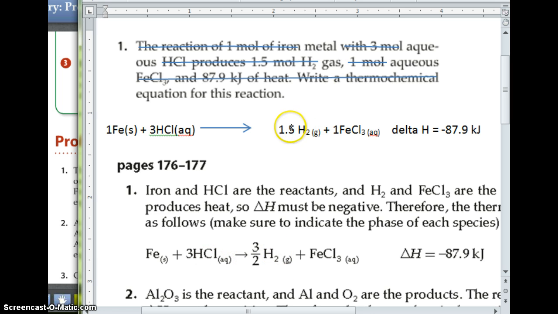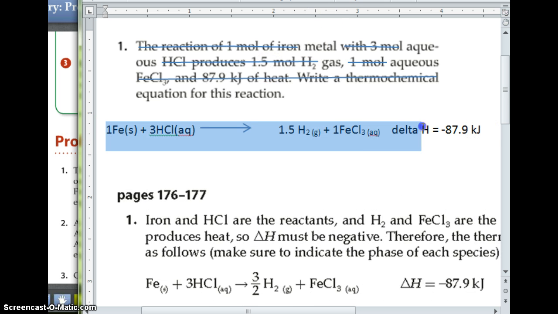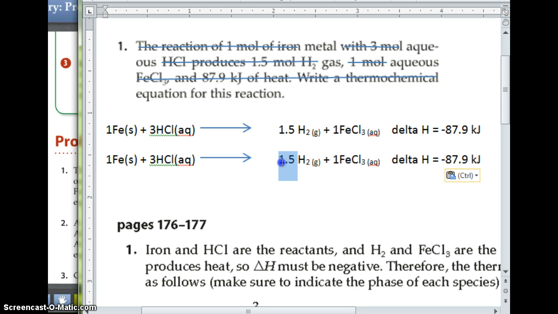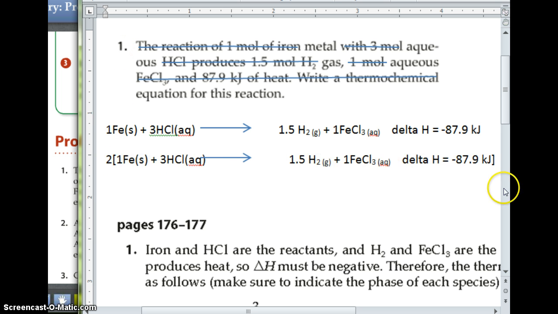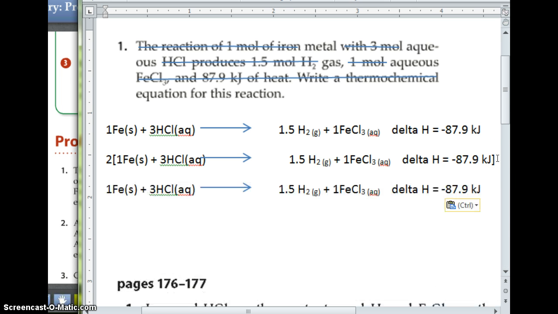They did it as 3/2 instead of 1.5. Now, what if it told you that you need to have all of your coefficients be whole numbers? What would I have to multiply the 1.5 by to make it a whole number? I'd multiply it by 2. But remember, I have to multiply everything by 2 in order to get rid of that decimal. So 1 times 2 is 2, 3 times 2 is 6, 1.5 times 2 is 3, 1 times 2 is 2.